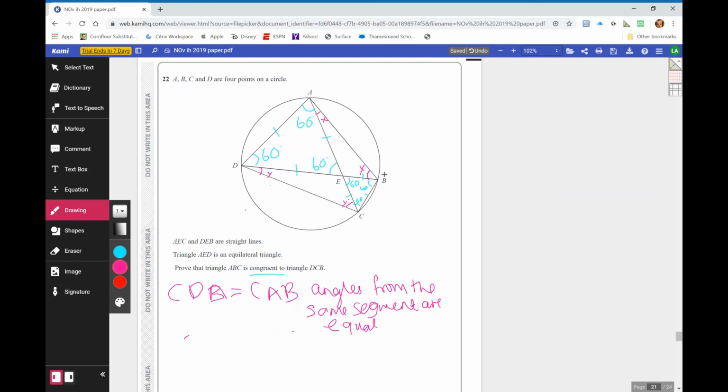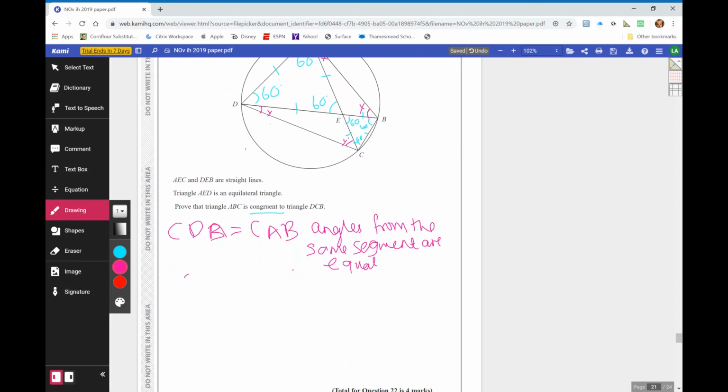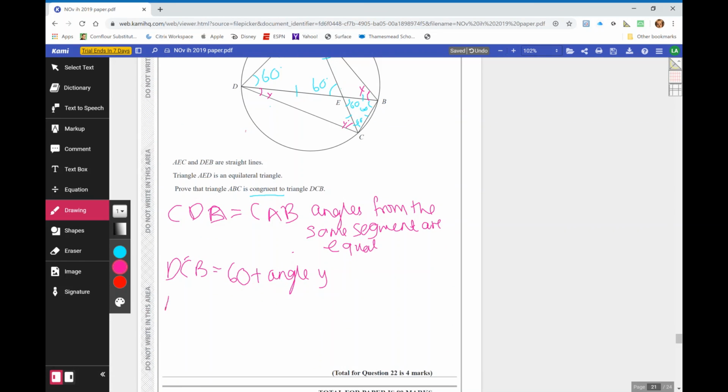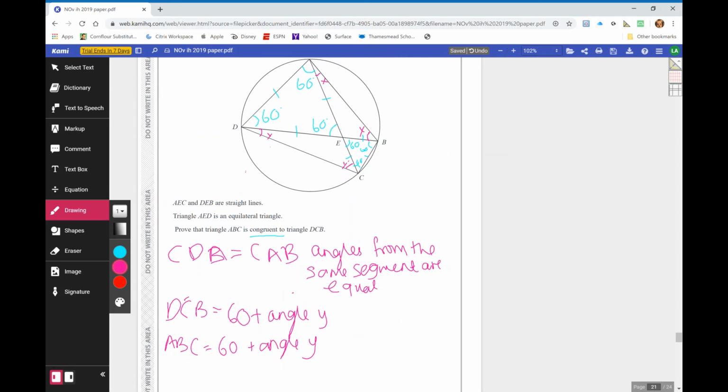So if you put DCB equals 60 plus angle X and angle Y, and then but also ABC 60 again plus angle Y. So that's proving that those two, another angle is the same.